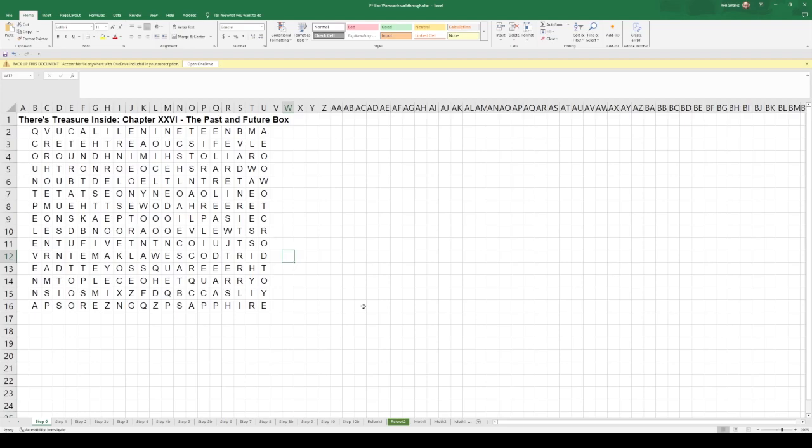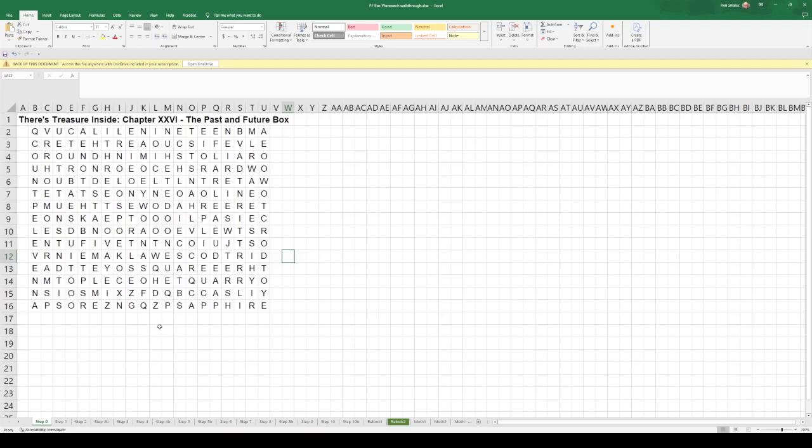Now, I have looked at this in more ways than I can even count, but we'll get to that. So, in the book, in this chapter, there is a bunch of text, a kind of a story. I'm not going to talk about that. There is a word search, and below the word search was a cryptogram. And we'll get to that later. We're going to start with the word search.